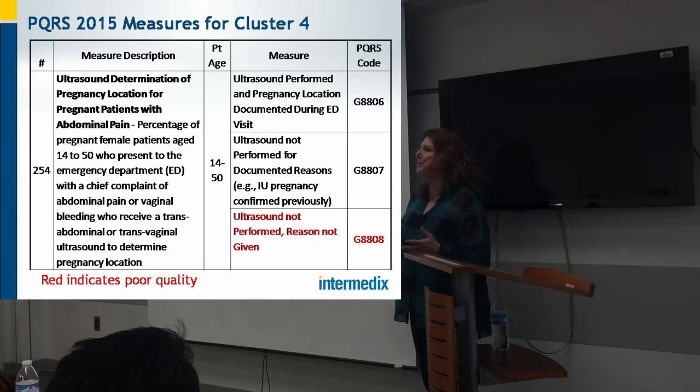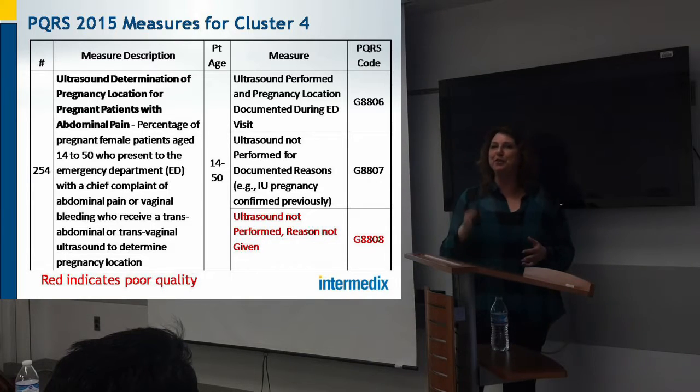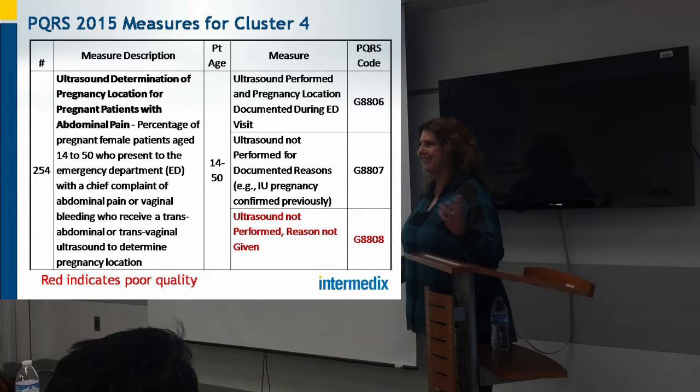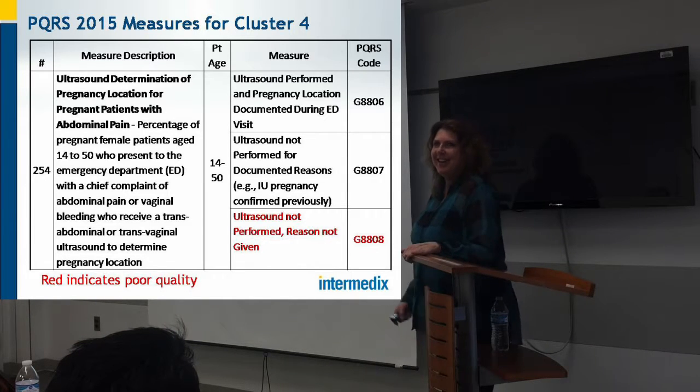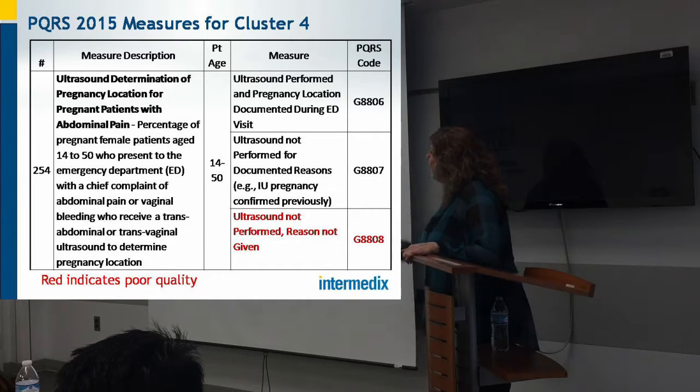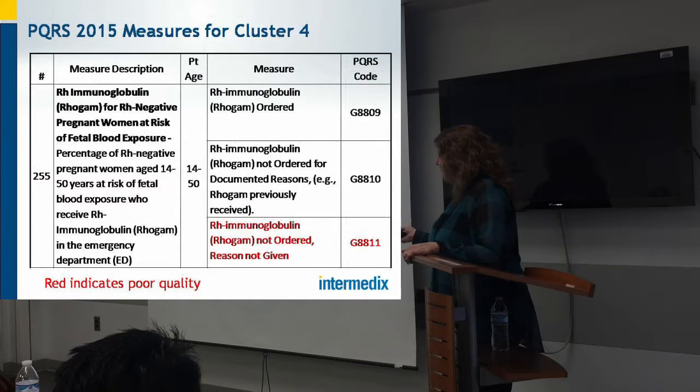I love these next two. Now, these next two are PQRS measures for Medicare patients that involve pregnancy. A lot of pregnant Medicare patients running around, right? And it's about ultrasounds for pregnant patients with abdominal pain to determine the location of the pregnancy, and ROGAM for Rh-negative pregnant women.